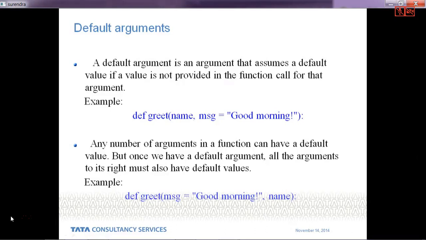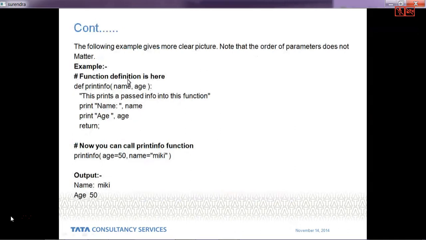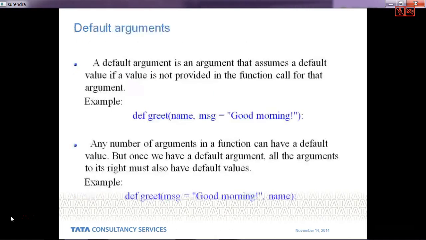Till now, what I have done is I passed only the parameter, and I'm not providing the default argument to this particular parameter. In the default argument situation, I defined the name and a message, two parameters.